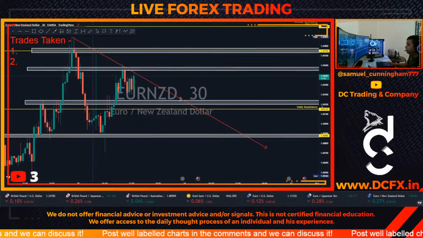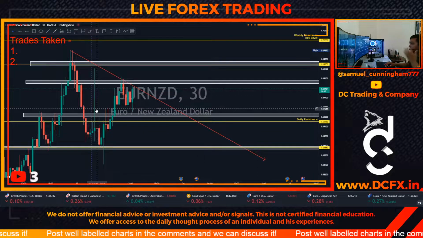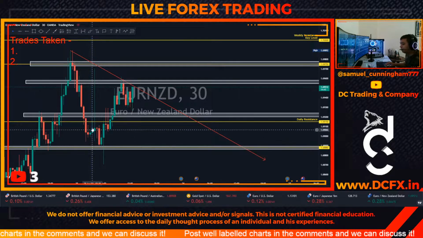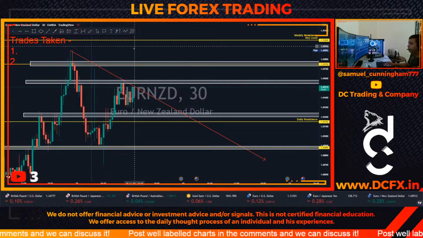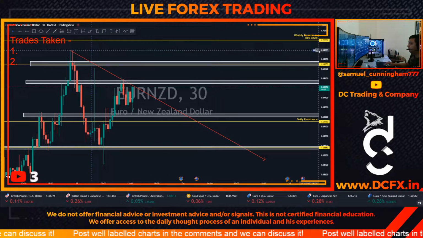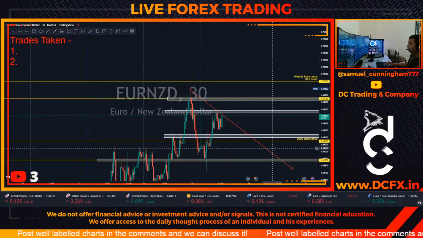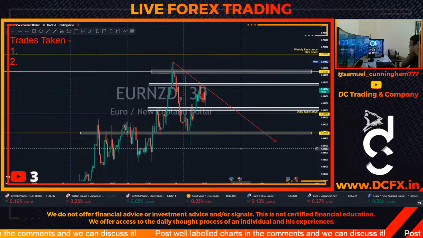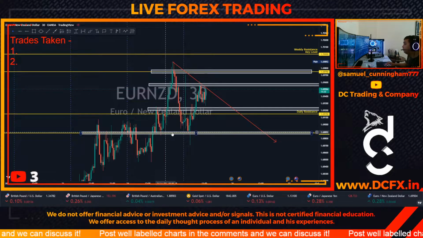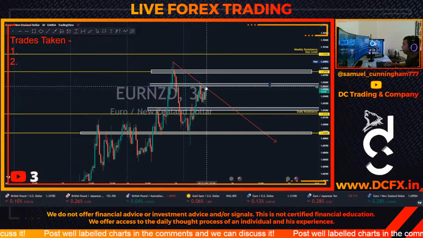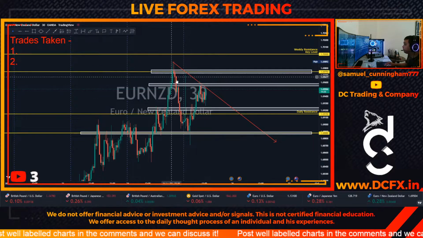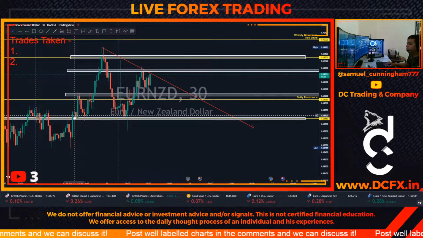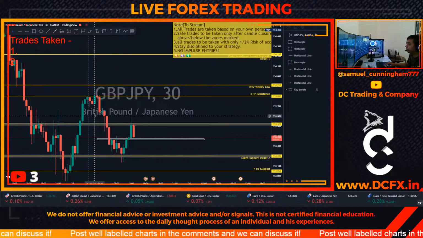So Euro New Zealand, actually we need some direction on it. So Archie, you either want to see Euro New Zealand break above these highs and start creating higher highs before you can take a trade, or you have to wait for us to start creating lower lows, because as of now we're able to maintain equal lows but not equal highs, if you can notice this. So Euro New Zealand, I would be sitting on my hands.